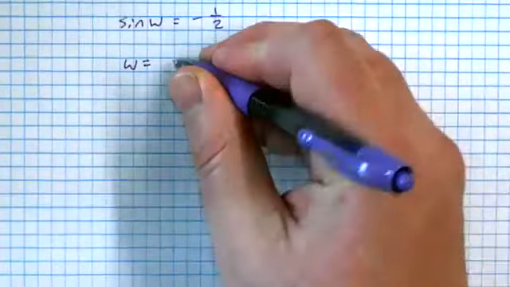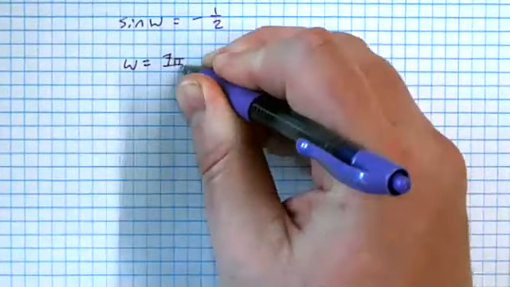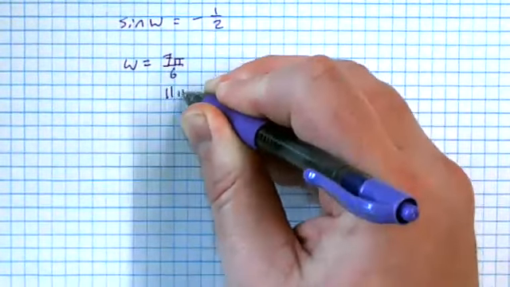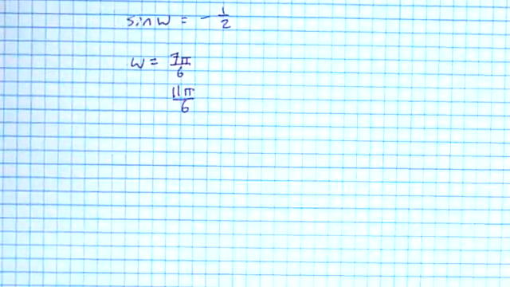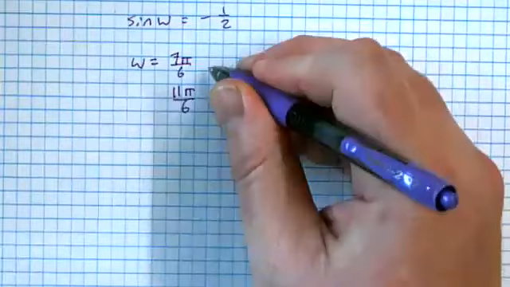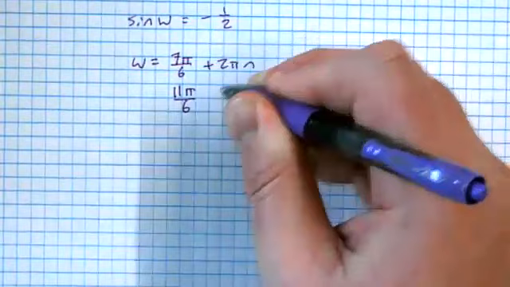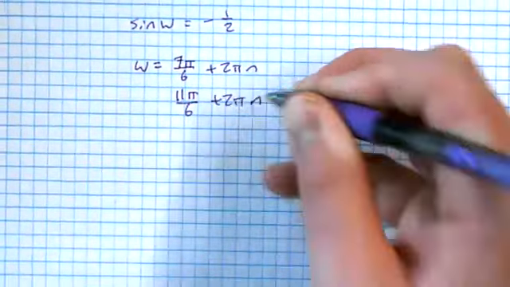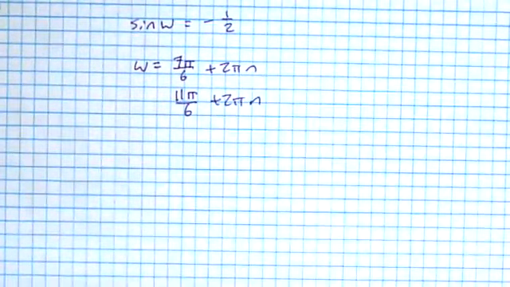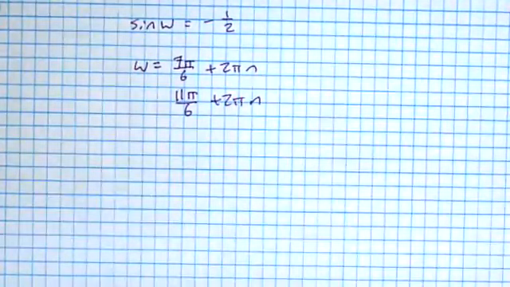Cool. 7 pi over 6, and 11 pi over 6, plus 2 pi n. N is an integer, all right?